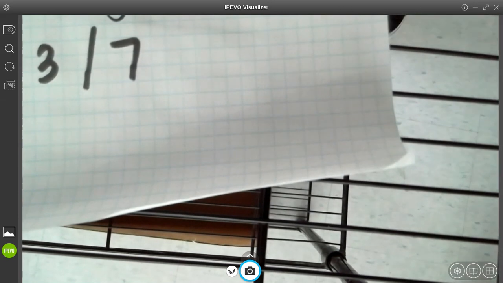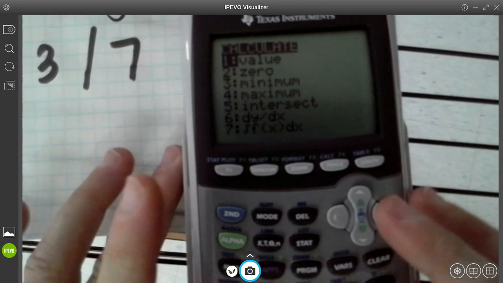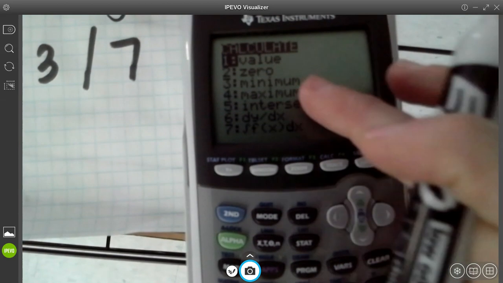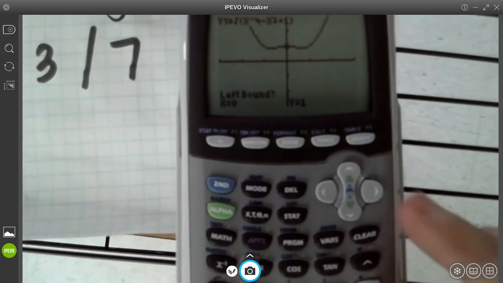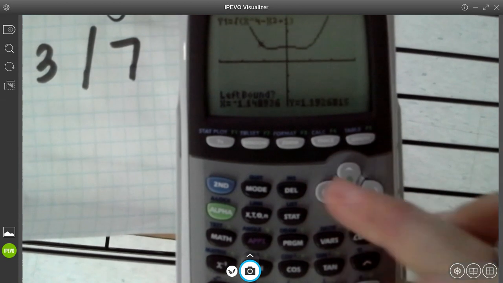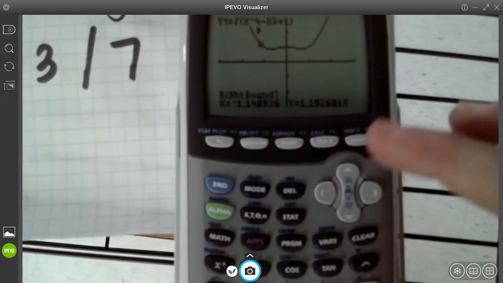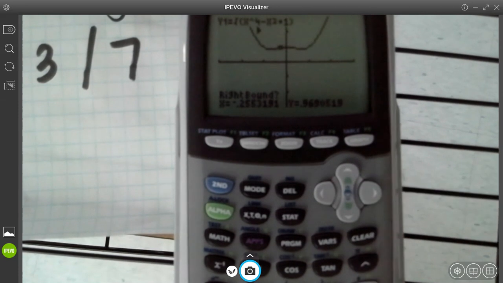All right? So to do that, you just press second, trace, and you want to go to minimum, so number 3. And you're going to do the left bound, right bound. I'm going to move my cursor to the left side of this dip, hit enter, and then I'm going to move my cursor to the right side of this dip and hit enter.